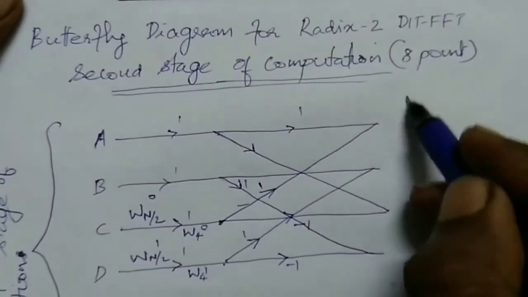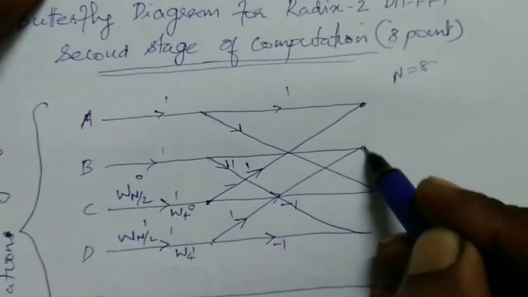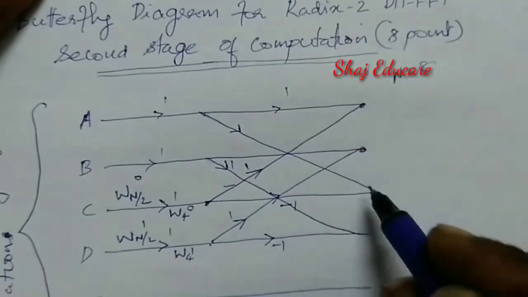As we are dealing with the 8-point DFT, N is equal to 8, so this is equivalent to W_(8/2), that is equal to W_4 raised to 0, and this is W_4 raised to 1. Now let us write down the output equations of the second stage of computation.